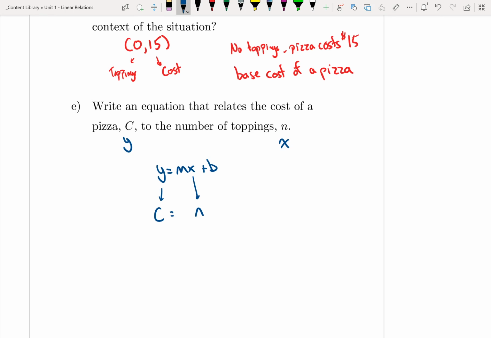The m and the b are just numbers that I've got from looking at my graph. So the m value we know is 2.5, and the b value we know is positive 15. So in the end, my final equation is C equals 2.5n plus 15.